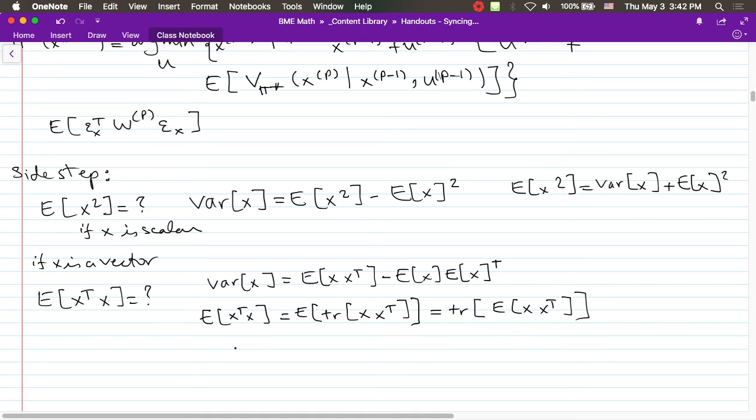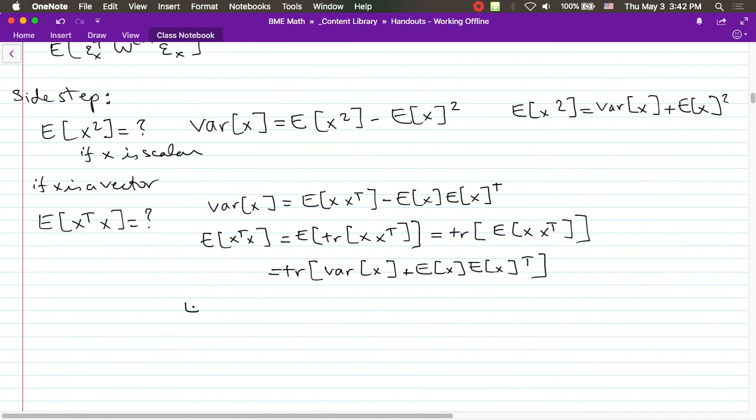All right, so now this is equal to the trace of, the expected value of x x transpose is the variance of x plus the expected value of x times the expected value of x transpose. So that tells me that the expected value of x transpose x is the trace of the variance of x plus the trace of the expected value of x, expected value of x transpose.